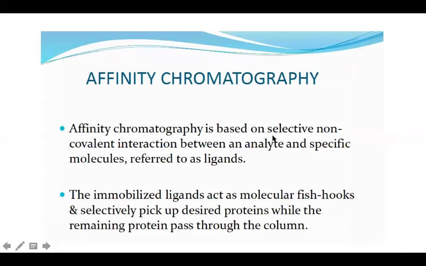Affinity chromatography is based on selective non-covalent interaction between an analyte and specific molecules referred to as ligands. Affinity chromatography is also used to separate big molecules like proteins. The immobilized ligands act as molecular fish hooks and selectively pick up the desired proteins while the remaining proteins pass through the column.